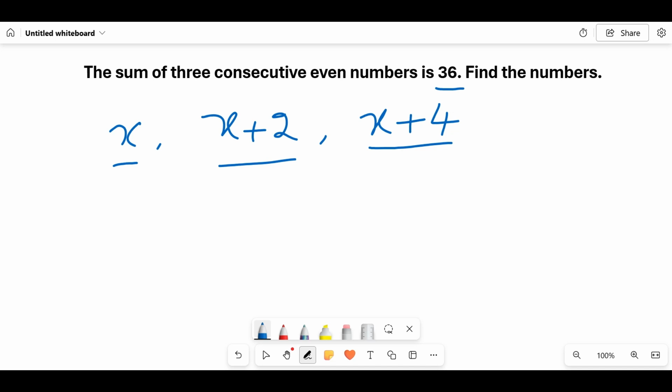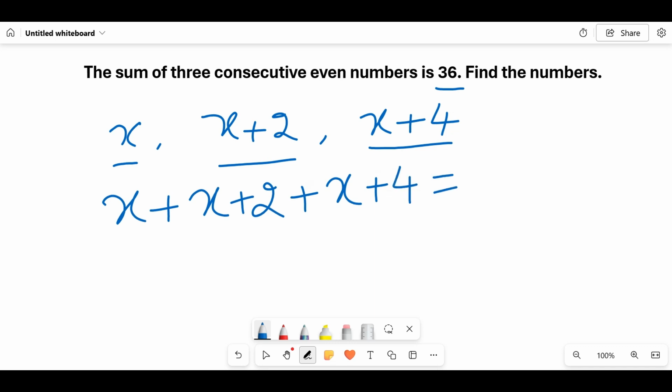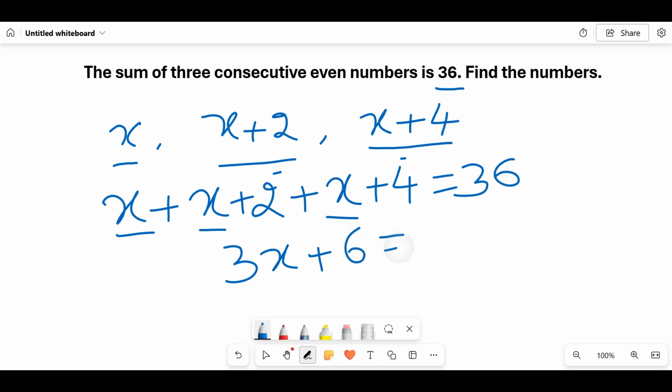So let us add these three numbers, that is x plus x plus 2 plus x plus 4, which is equal to 36, right? So this x, this x and this x will become 3x, plus this 2 and this 4 will become 6, which is equal to 36.